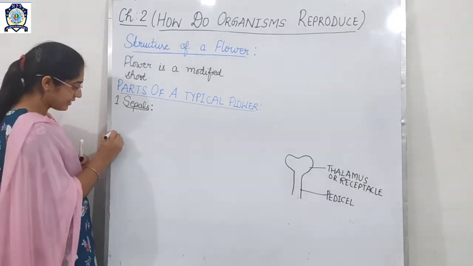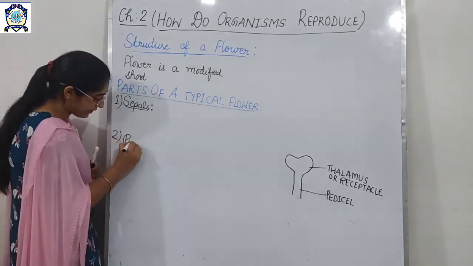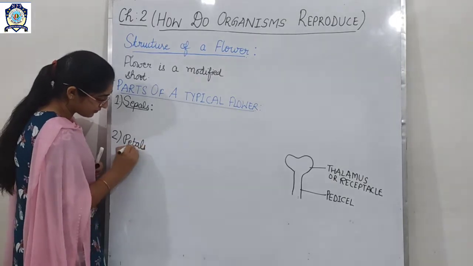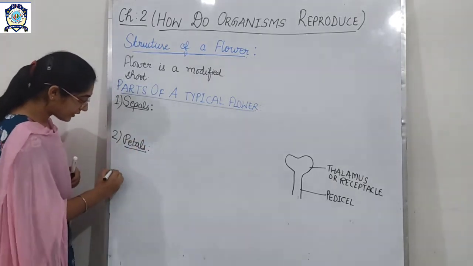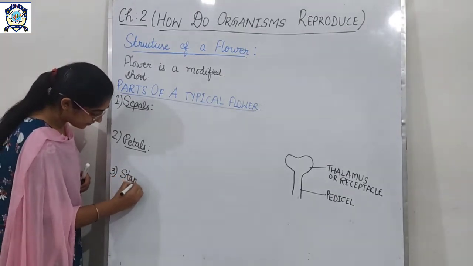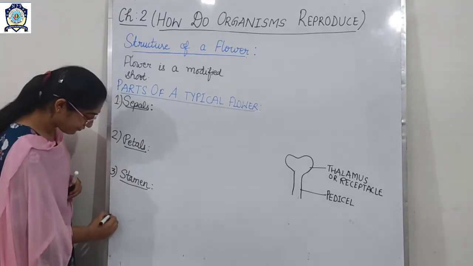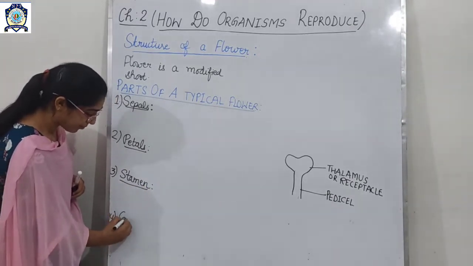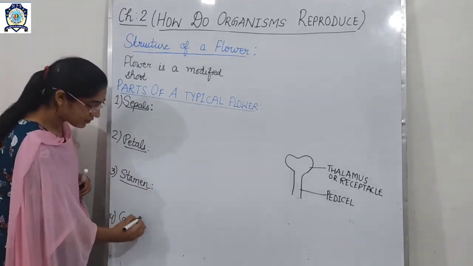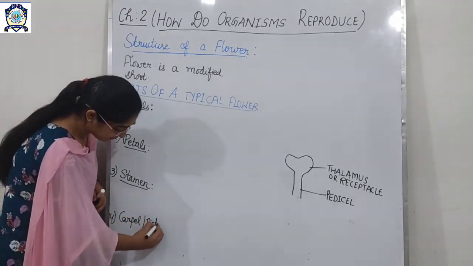The second part is the petals. The third one is the stamen, and the fourth one is the carpel. And students, carpel is also known as the pistil.